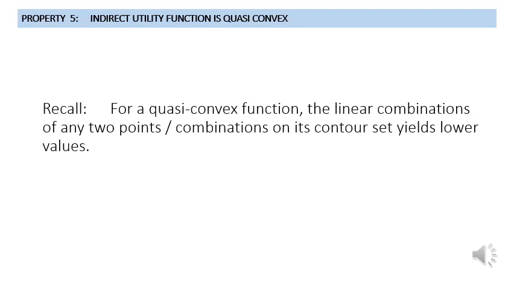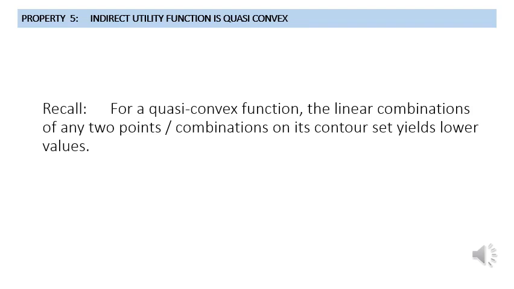It's written here. Look at line number 1 and 2. For a quasi-convex function, the linear combination of any 2 points on its contour set yields a lower value. If it yields a higher value, then the corresponding function will be quasi-concave.